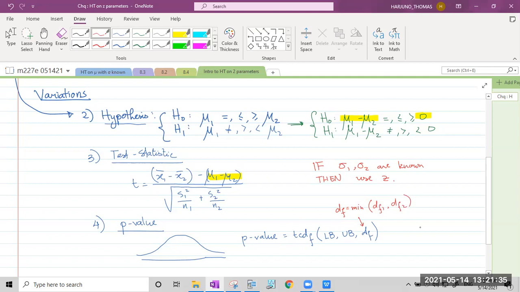So let's say n1 equals 31, so the degree of freedom is 30. And n2 is 35, the sample size, so the degree of freedom is 34.